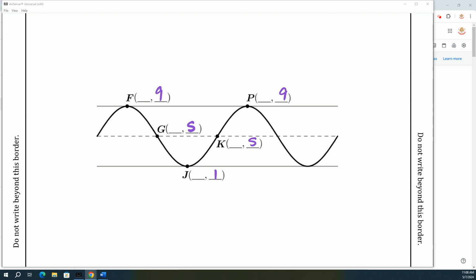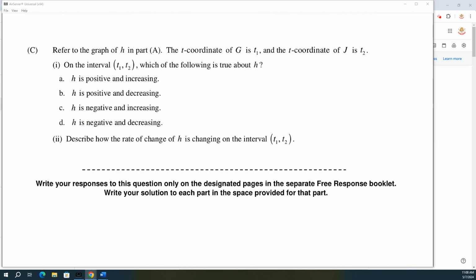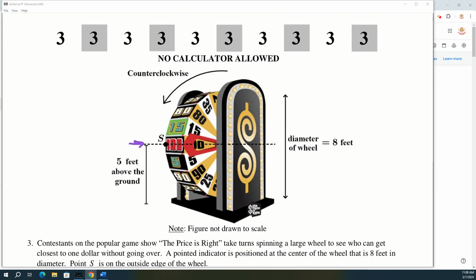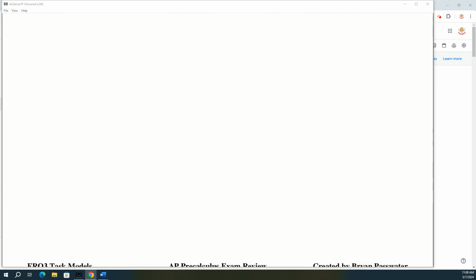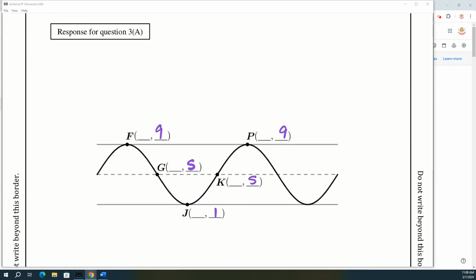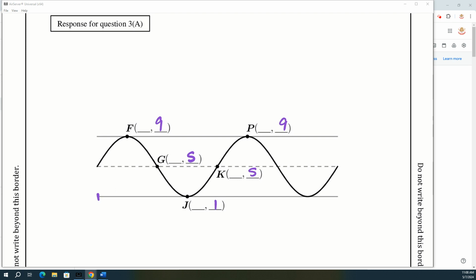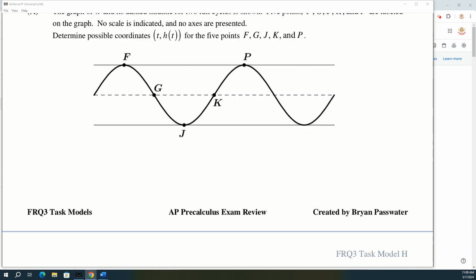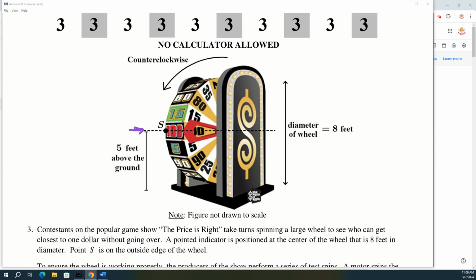I felt like this one was pretty challenging to figure out the T values. Because at first I was like, oh, okay, it starts in the middle. So that would mean that this would be 0, but that is not true. So it messed me up for a second. So it starts at the middle, but then does it go to a max if it's rotating this way?